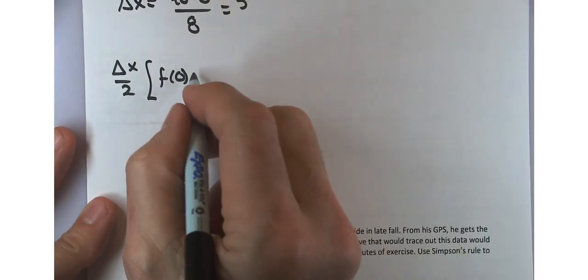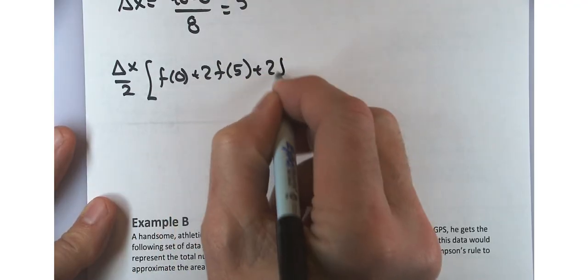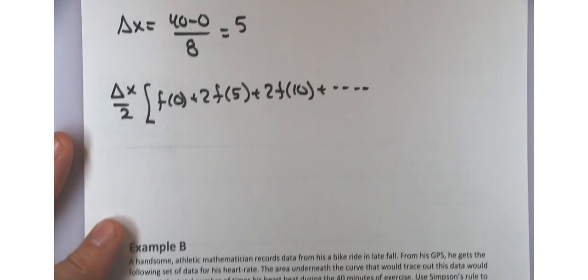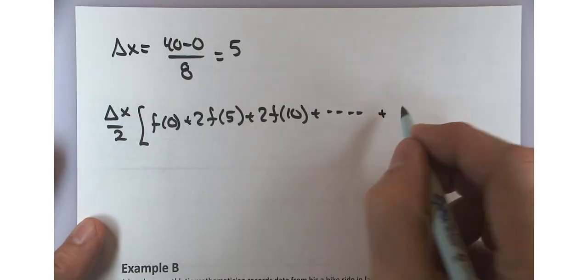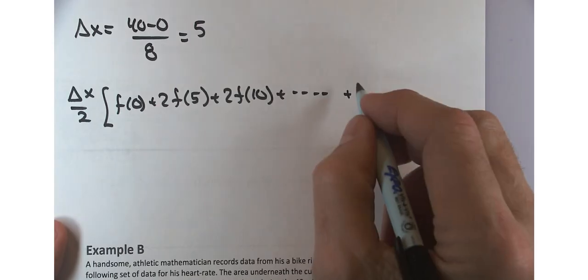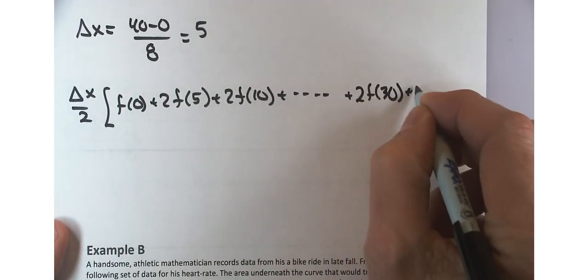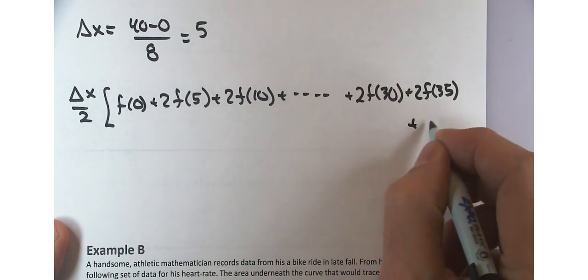But at every other place, 2 times f of 5 plus 2 times f of 10. And I'm not going to go through all this like I did the last one because we have a little bit more work to do. It's going to end up as 2 times f of 30 plus 2 times f of 35. And finally, plus f of 40.